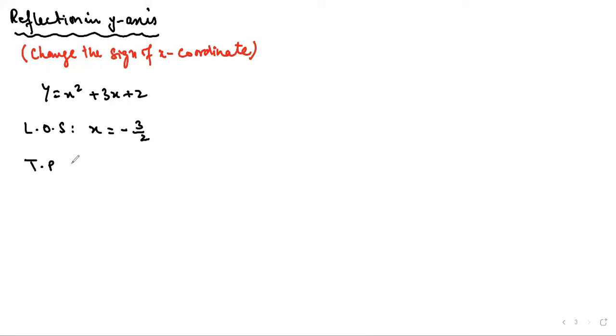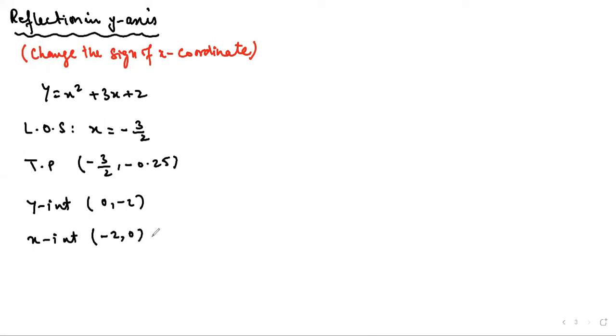The turning point is (-3/2, -0.25). The y-intercept is (0, -2). The x-intercepts are (-2, 0) and (-1, 0). We will change the sign of the y coordinate.